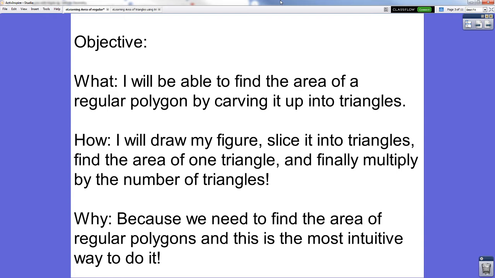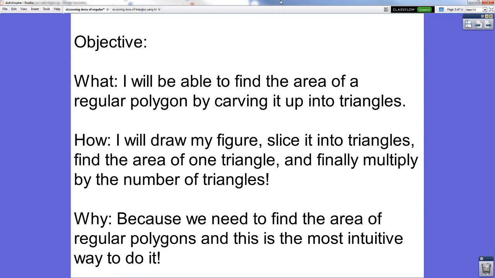So today we're going to finally take care of putting everything together and find the area of a regular polygon. We talked about how to find the area of a triangle in a bunch of different ways, and then count how many triangles the pieces were cut up into, and then multiply by that many triangles.